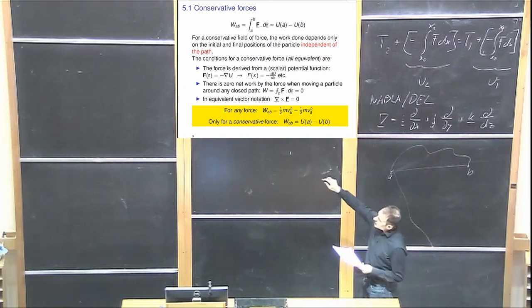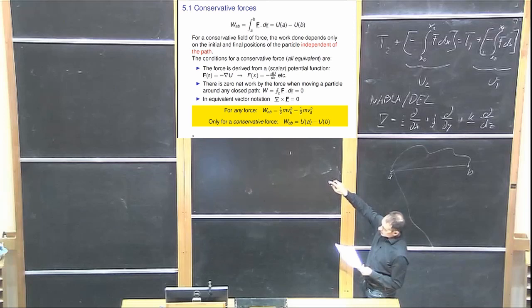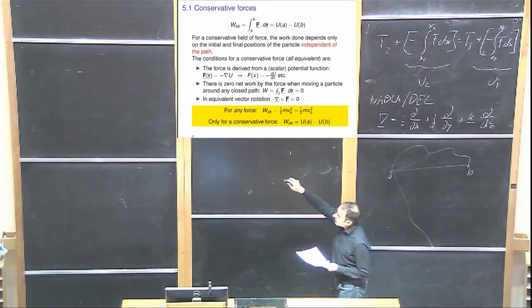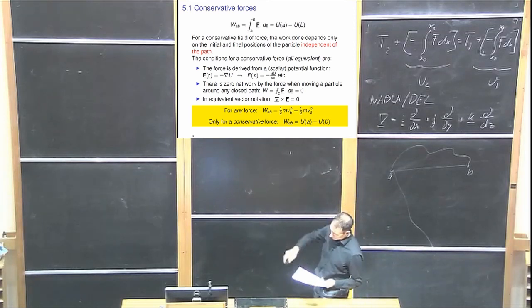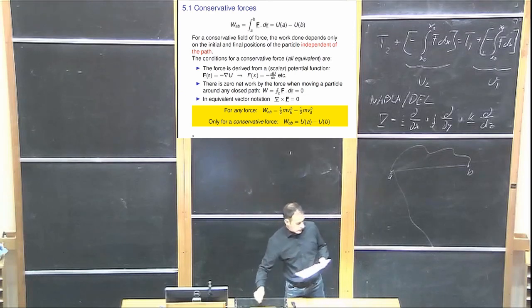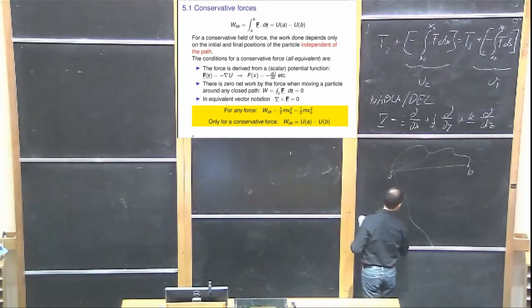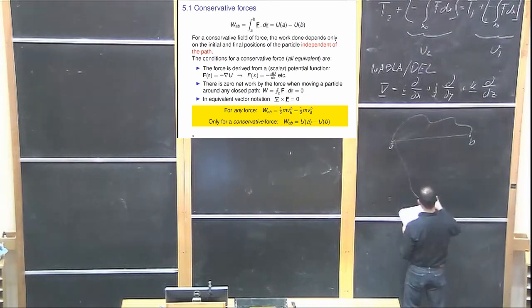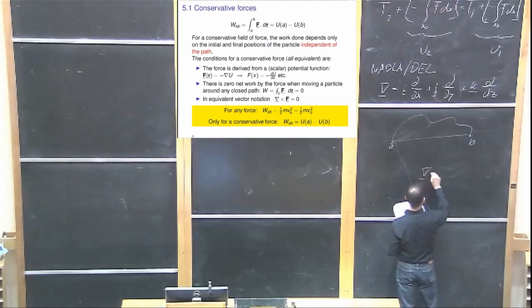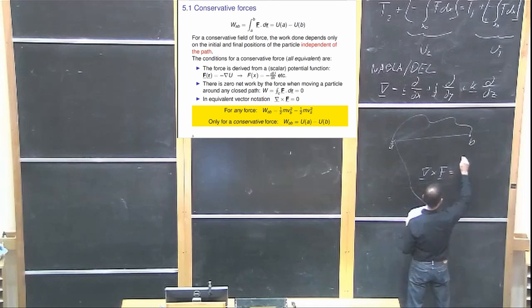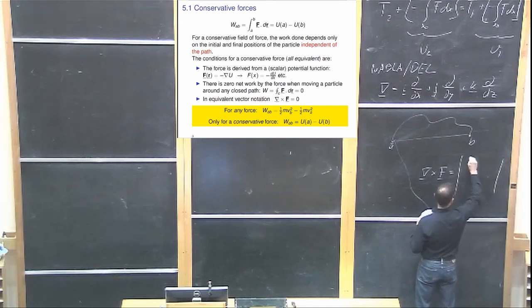In vector notation, it turns out to be curl F equals 0. Just quickly going to write that down. Again, what we've had before is that you can work that out with i, j, k.